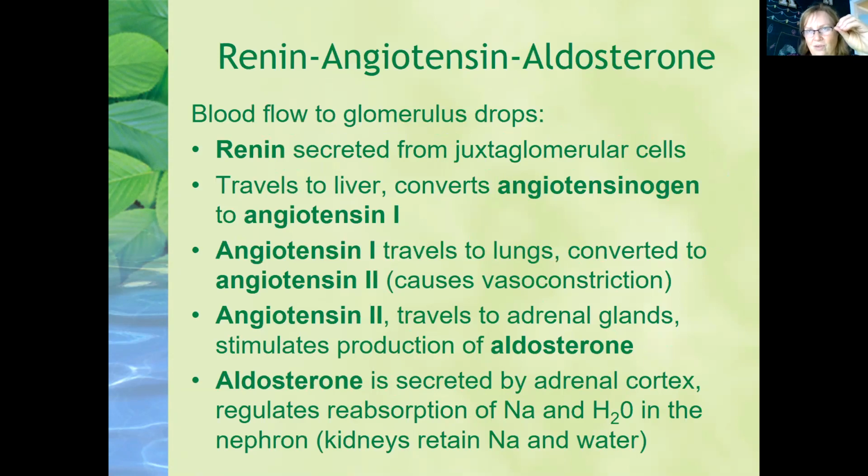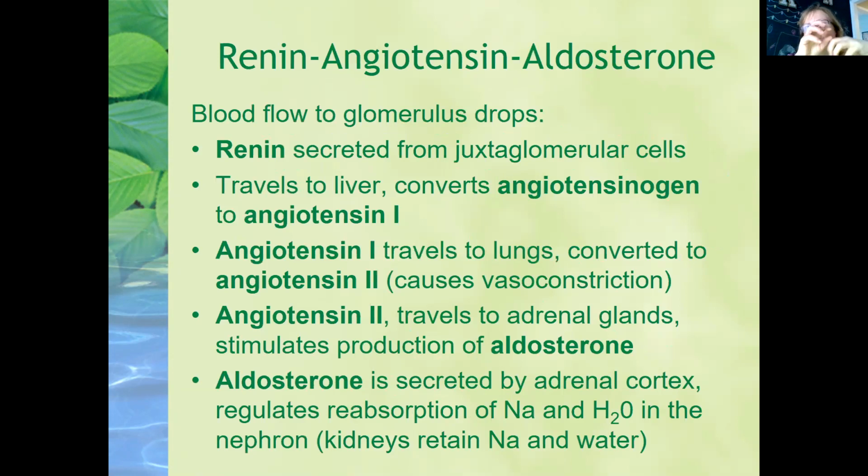At the point of our liver, isn't it like they're working hand in glove, our kidney, then our liver. That renin converts angiotensinogen to angiotensin 1. So the renin goes to our liver.